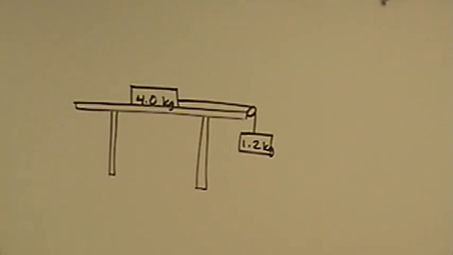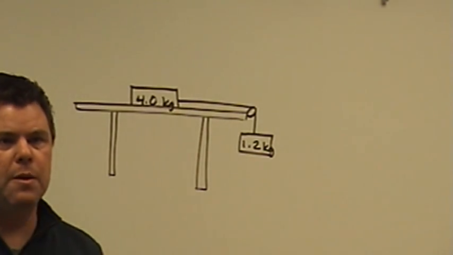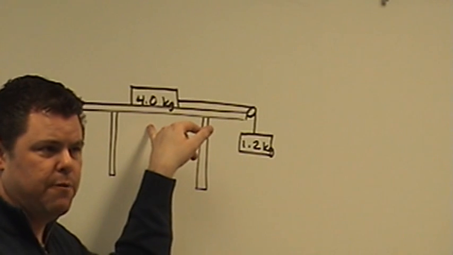One common mistake is people will think that unless this mass hanging off is larger than this one, then nothing's going to move. But that's not actually true. It doesn't take much mass to move this as long as the friction is low.